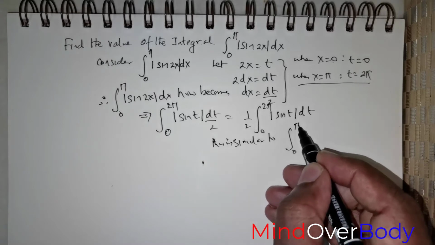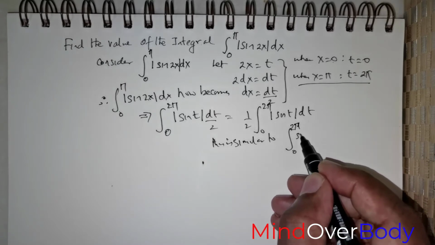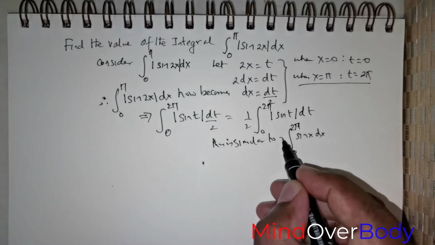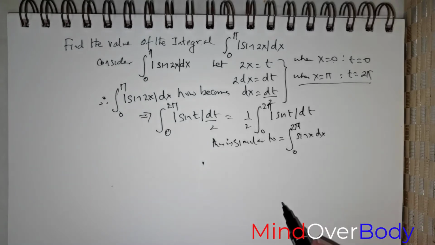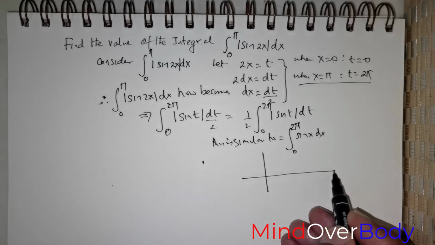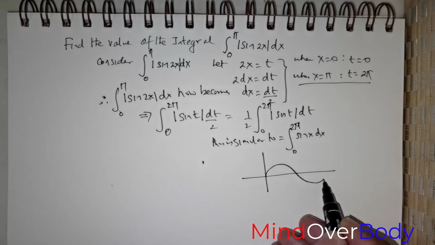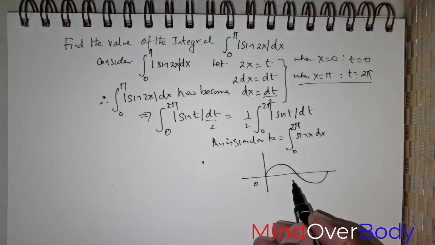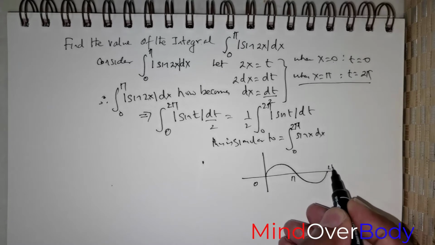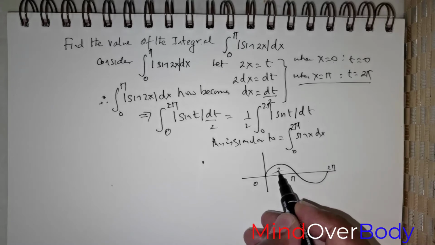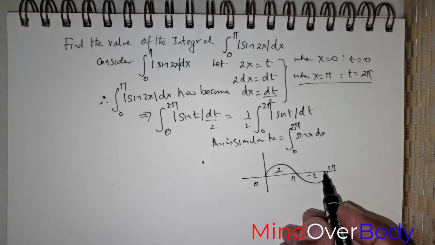Now this is similar to integral 0 to 2 pi of sin x dx, right? Now clearly, if we look at the graph of sin x, this is exactly going to be the graph. So this is going to be 2 units, this is going to be negative 2 units.